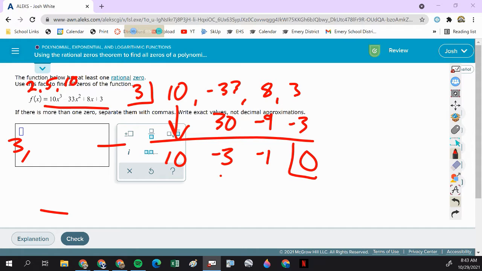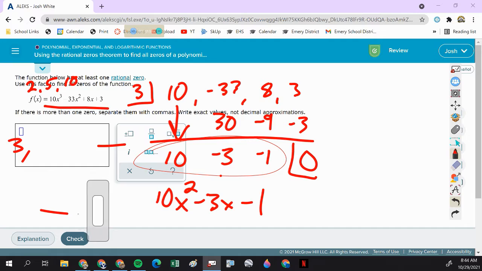How do I find the other two? I create a quadratic with this: 10x squared minus 3x minus 1. And then you either use the quadratic formula or factor it. We factored the last one. Let's use the quadratic formula.